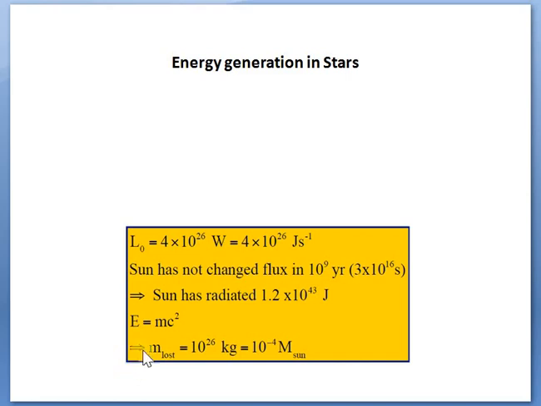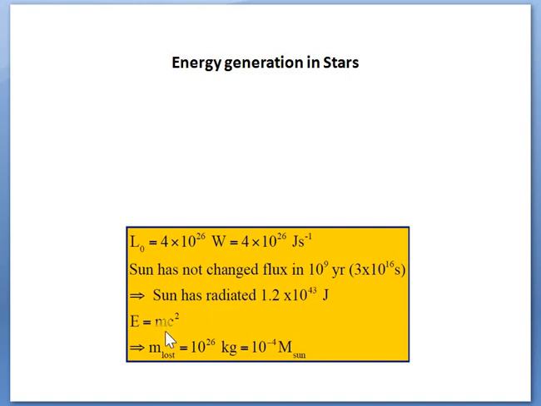On the screen you can see here the solar luminosity, which is 4 times 10^26 watts. Now it is important to note that this flux has not changed in 10^9 years. And so what does this mean? This means that our Sun has radiated approximately 10^43 joules of energy.